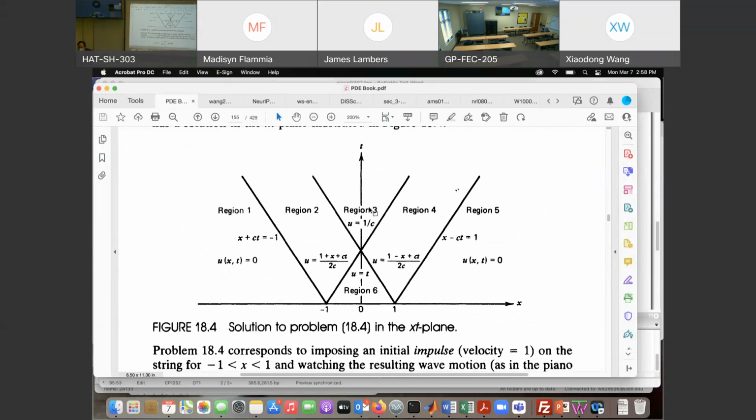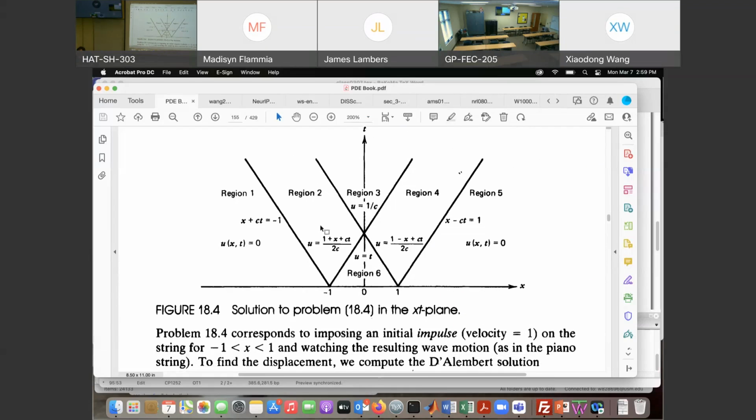Now we have these numbered regions, 6 in all, where the solution has different formulas. Whereas the initial data is piecewise constant, the solution will be a function of x and t, but different functions of x and t depending on where you are.